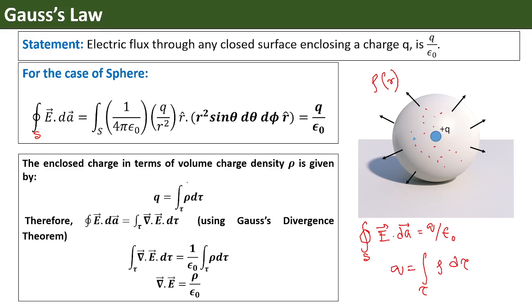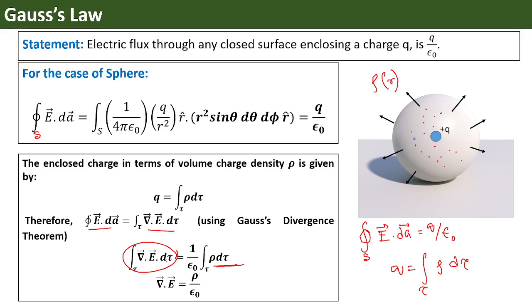So Q is equal to the integral of rho d tau, and by using the Gauss divergence theorem you can convert this surface integral into a volume integral. On the right hand side, 1 upon epsilon naught remains as it is, and you remain with the integral of rho d tau.